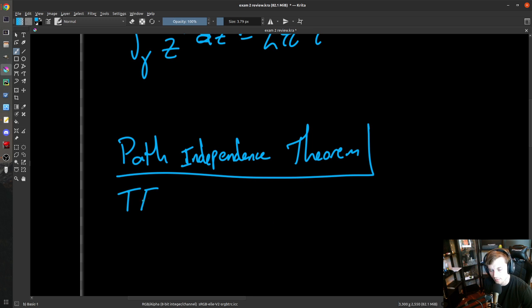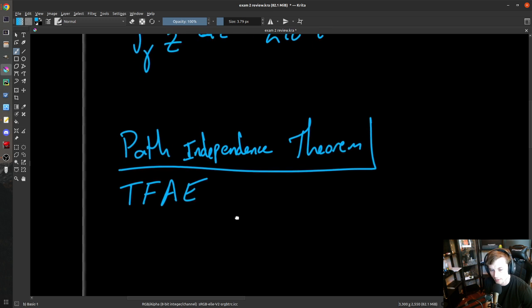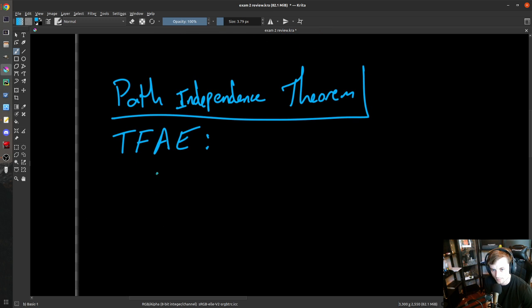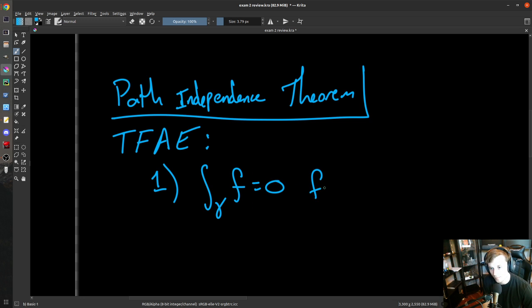So the following are equivalent. 1, the integral around a closed curve, or I'll even just write it without the dz, of f instead of f of z dz, for closed curves gamma, is zero.